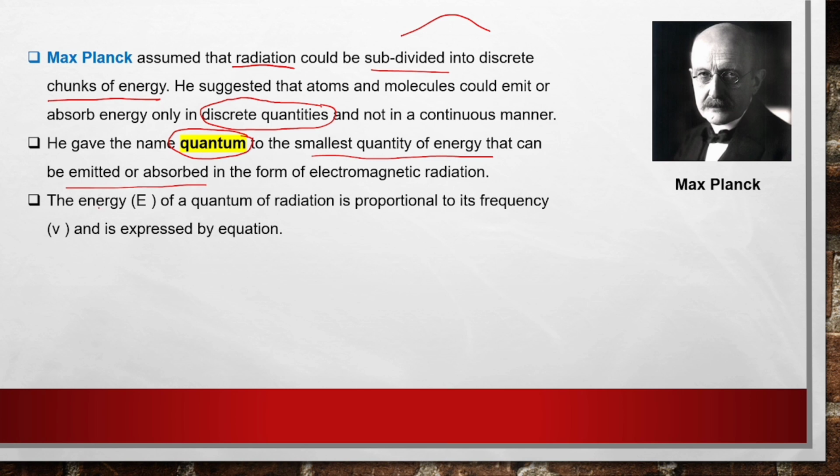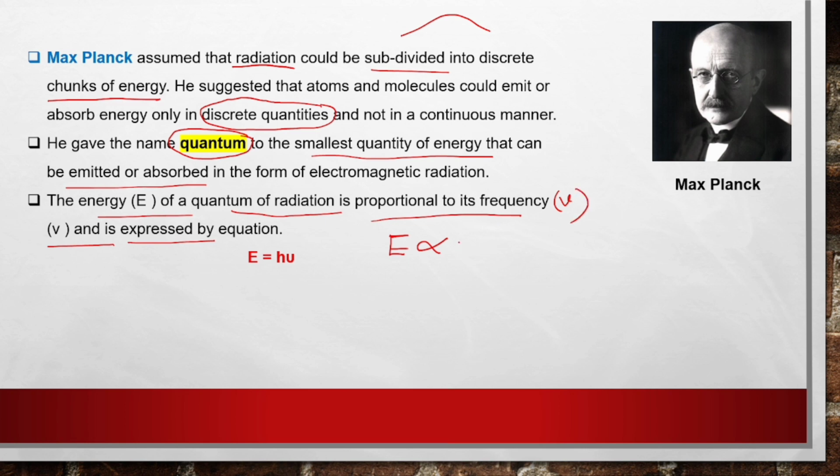The energy E of a quantum of radiation is proportional to frequency nu and is expressed by the equation: E is proportional to frequency, denoted by the symbol nu.